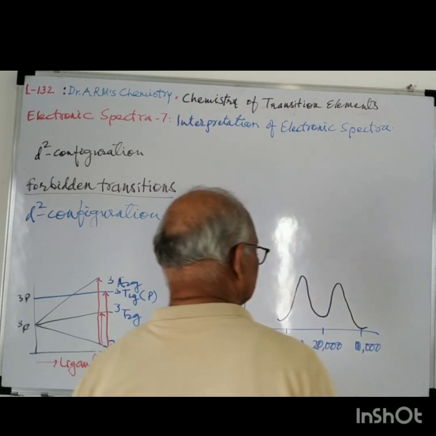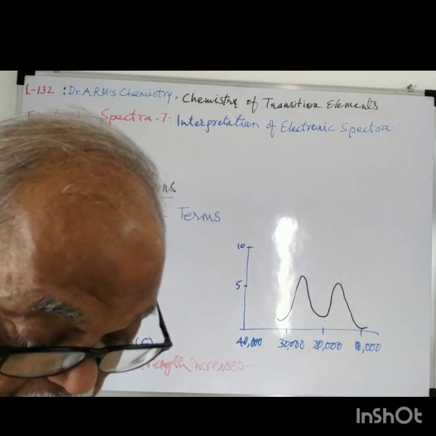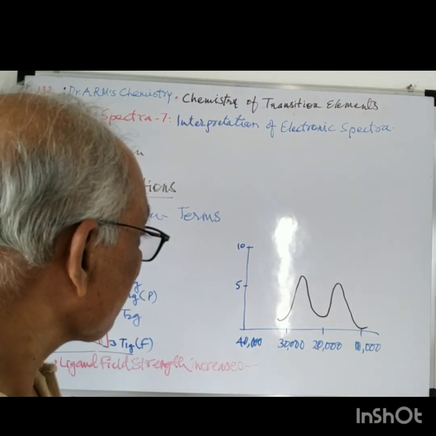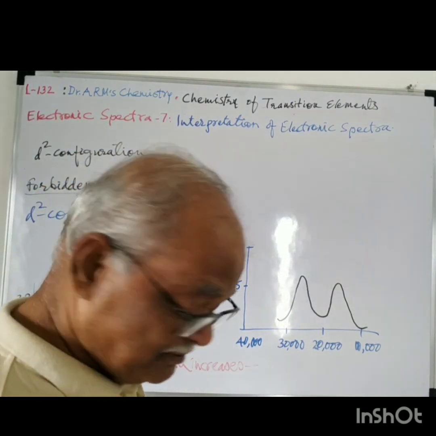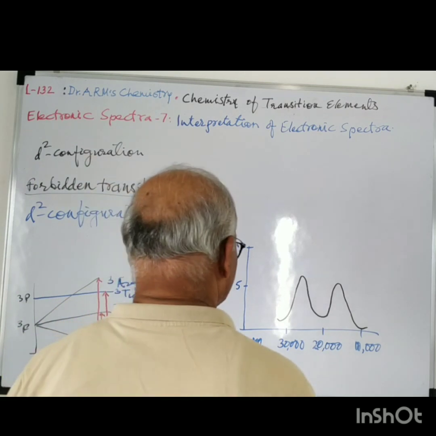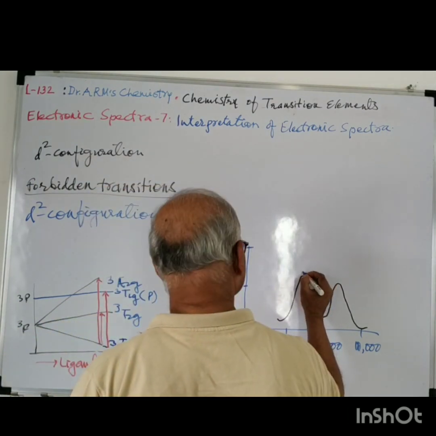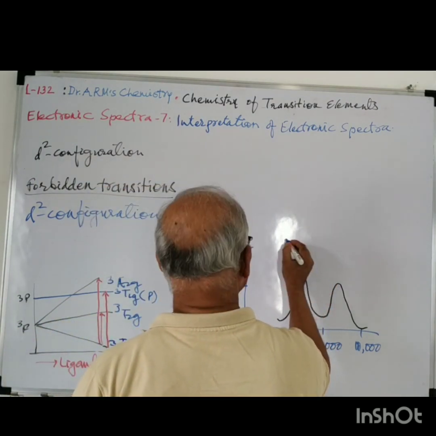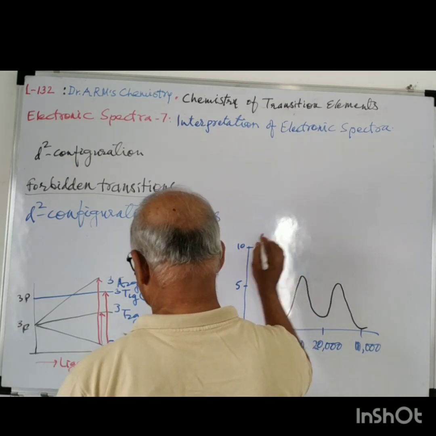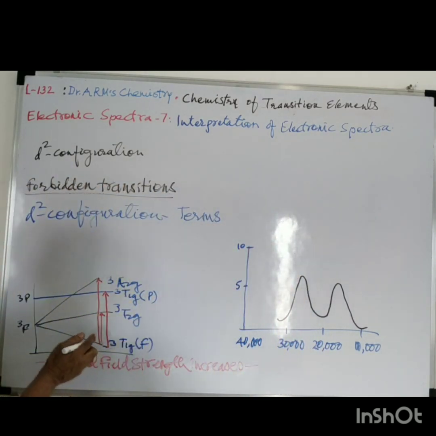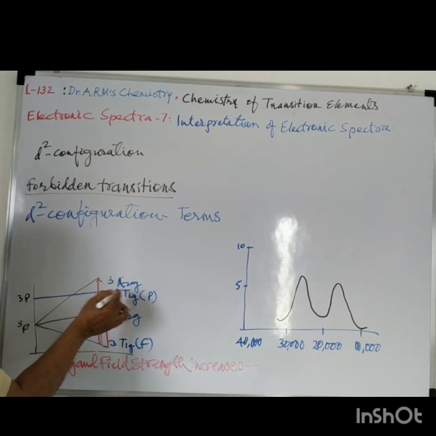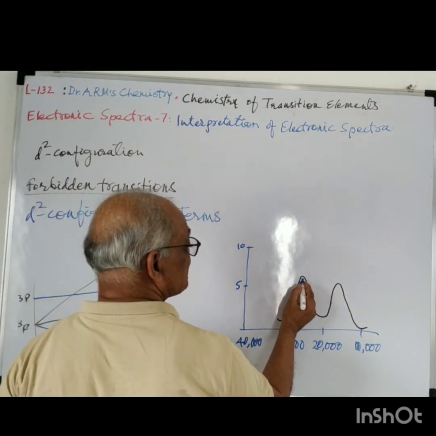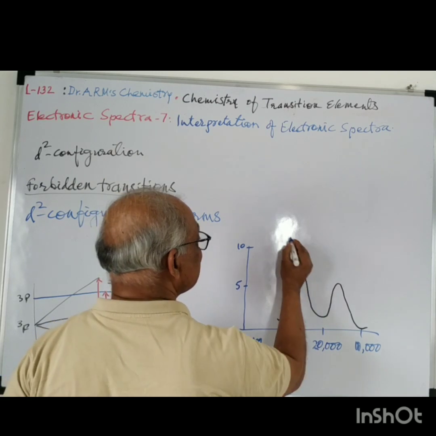So we get these two absorption bands. The first band shows absorption due to the highest energy transition, from triplet T1G to triplet A2G, and this is the more intense band.